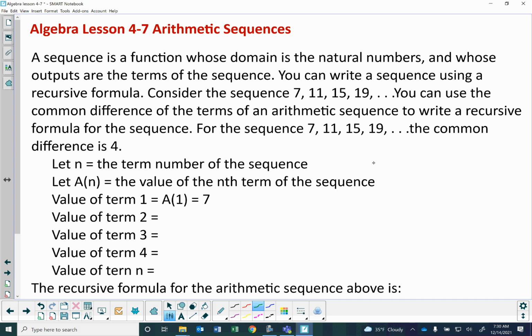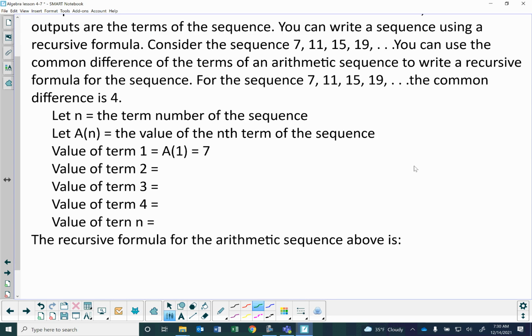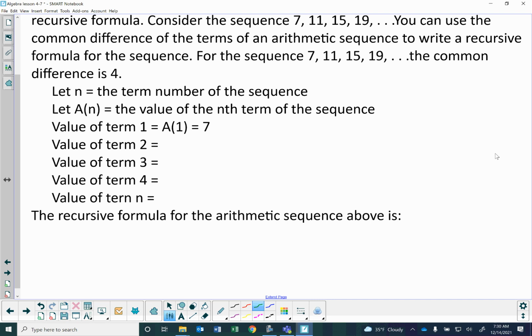Okay, for the sequence 7, 11, 15, 19, the common difference is 4. So if we let n equal the term number of the sequence, first term, second term, third term, and a of n is the value of the nth term of the sequence, the value of the first term we know is 7. The value of term 2 is going to be the value of term 1 plus 4. So in that case, that was 7 plus 4, which is 11.